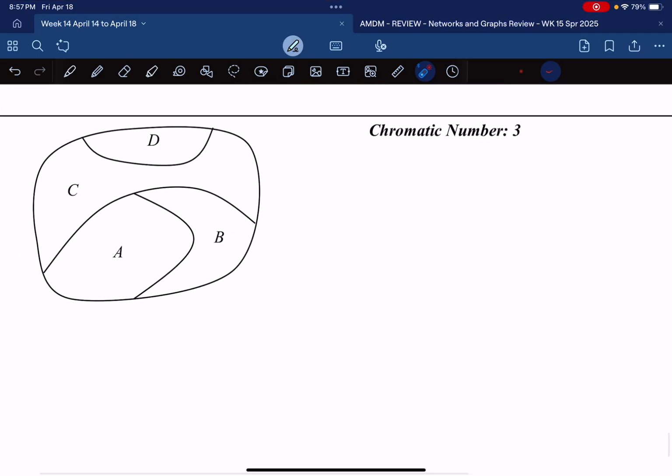So let's just do this one as well without doing the knots. We don't have to list out what it cannot be.